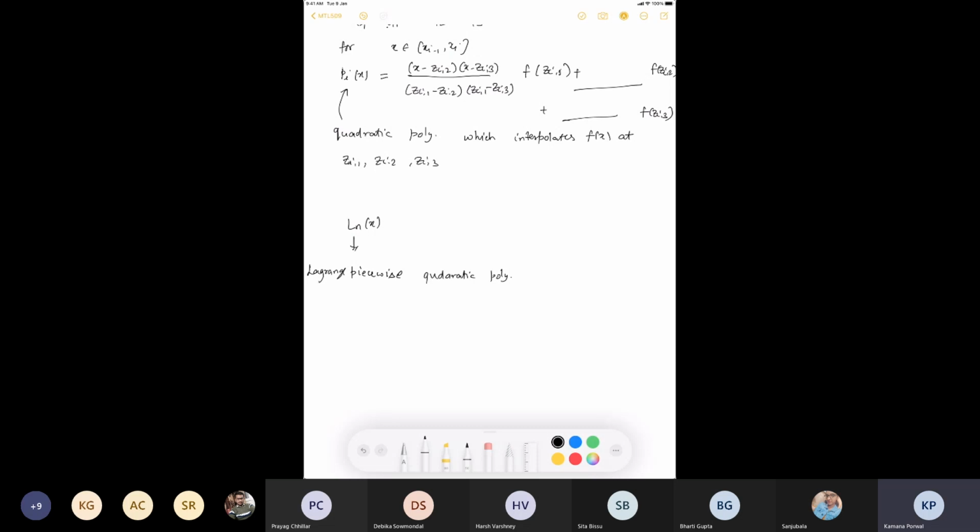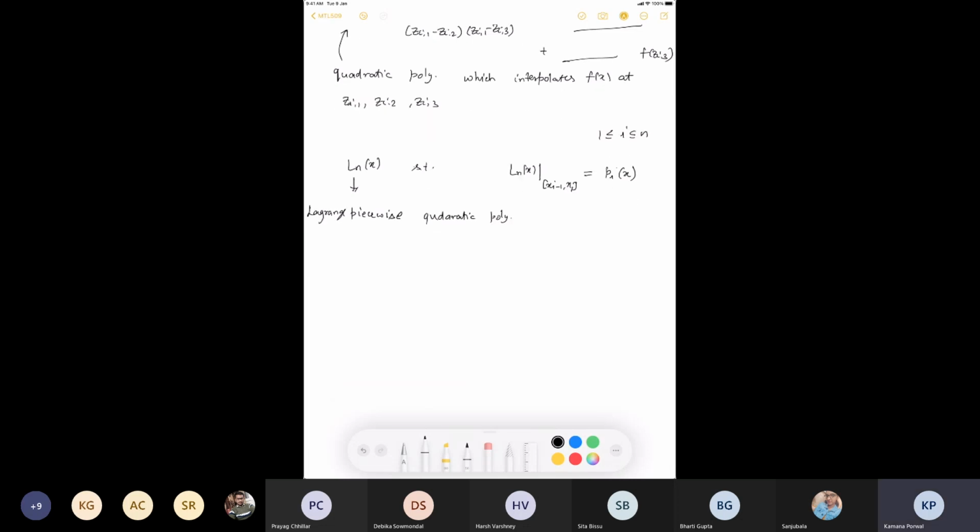This polynomial is such that when I restrict it to any of the intervals x_{i-1} to x_i, it is the same as p_i(x), where i is ranging from 1 to n.